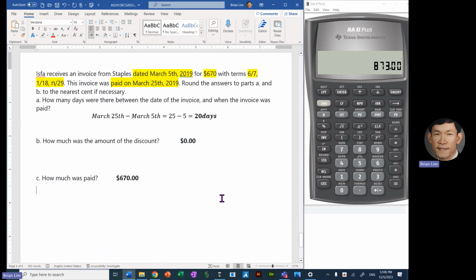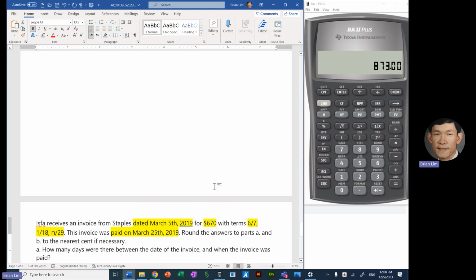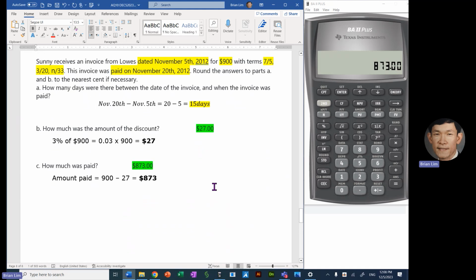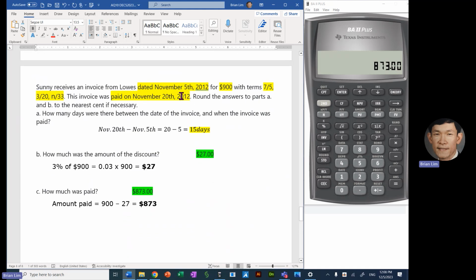So there are 3 illustrations. One is no discount, as you can see here. One was in the second period of the terms, so 3% in 20 days, because this was paid within 15 days.